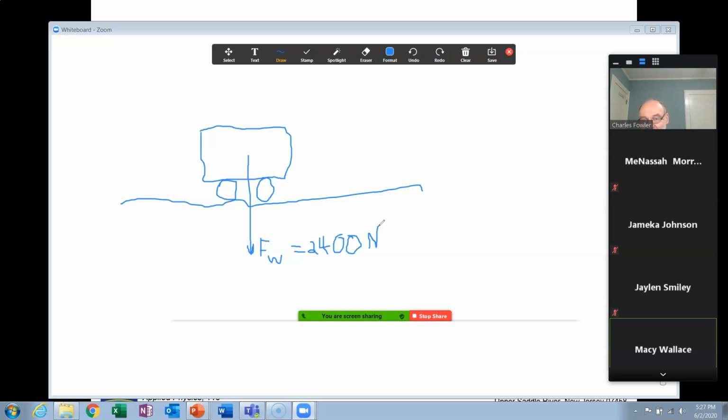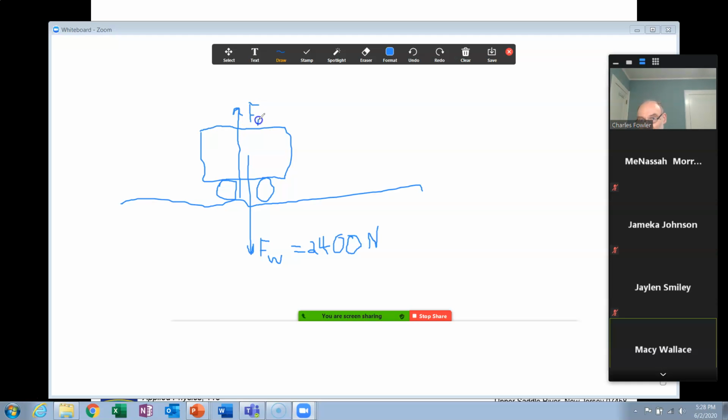Now, that is also the force that the supposedly level surface here is pushing up on the cart. And that's often called the normal force. Because the cart's not falling through the pavement, nor is it flying up in the air, the normal force must also equal the weight, because there's no net force vertically.